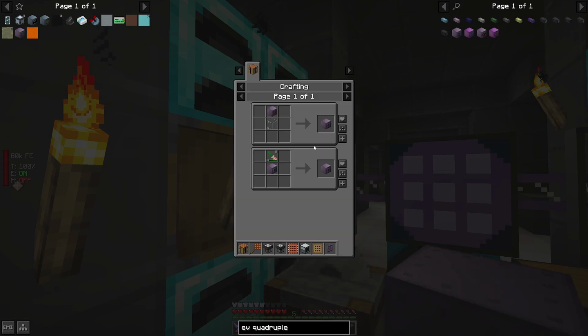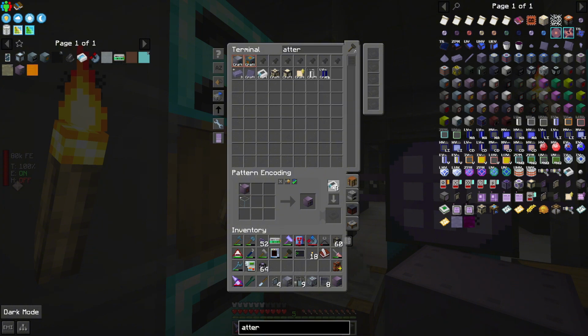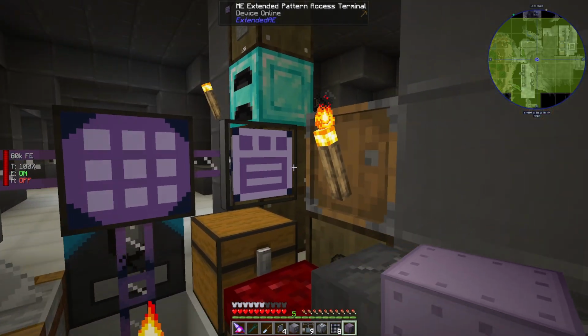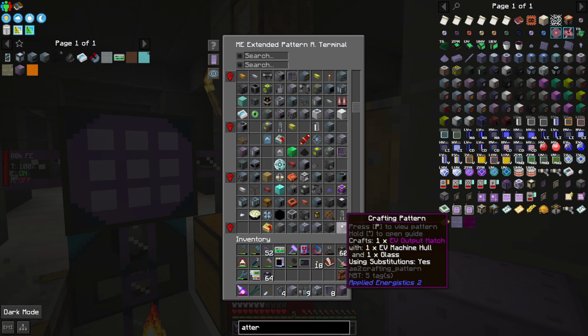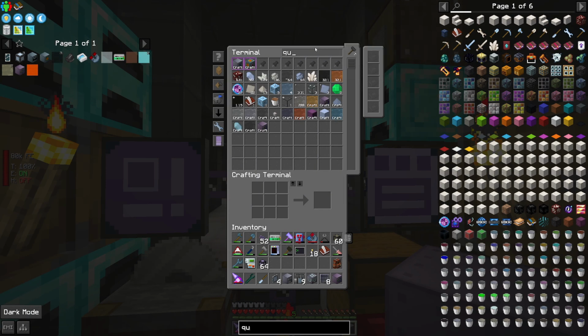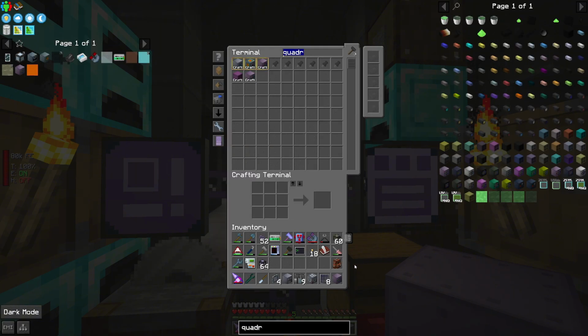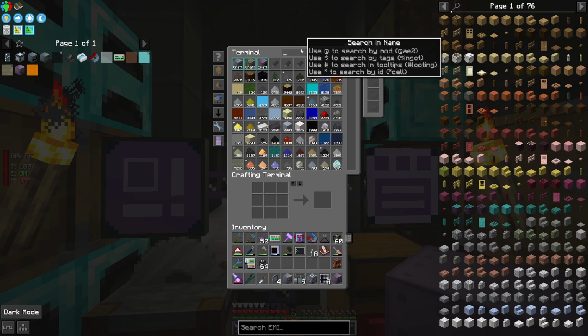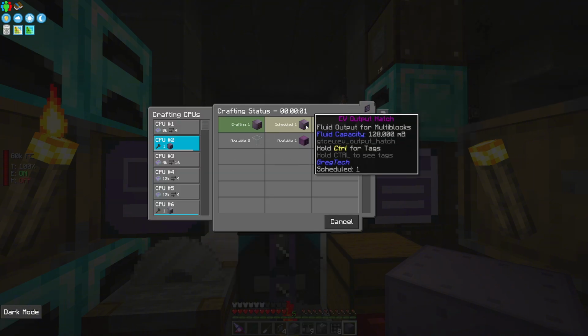Okay. Output hatch. Oh, pattern. There we go. Quadruple output hatch. There we go. That will get cooked up there. So yeah, we should have a good supply of sulfuric acid.